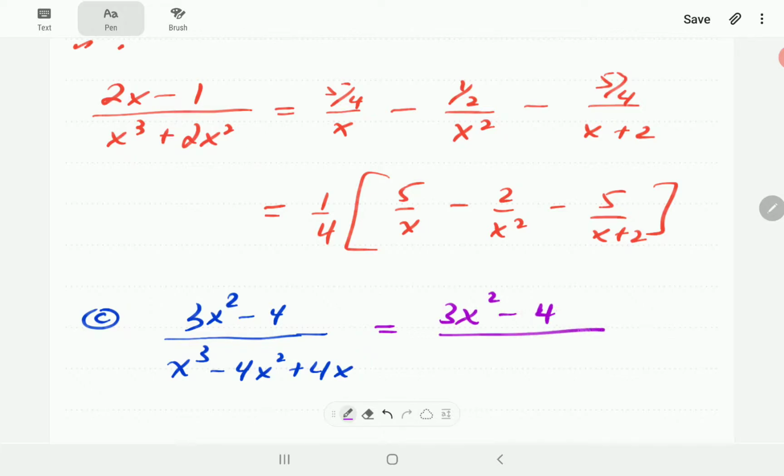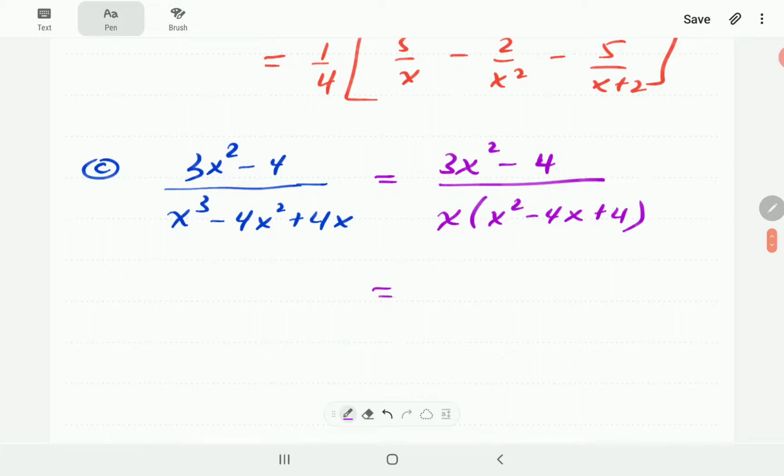If we do that, x is common in the denominator, so it's going to be x into x squared minus 4x plus 4. And then we can factorize that further. It's going to be x into x minus 2 all squared.